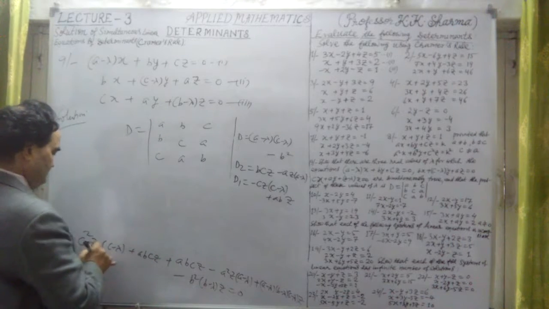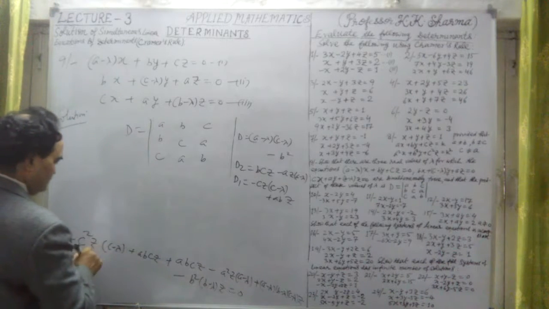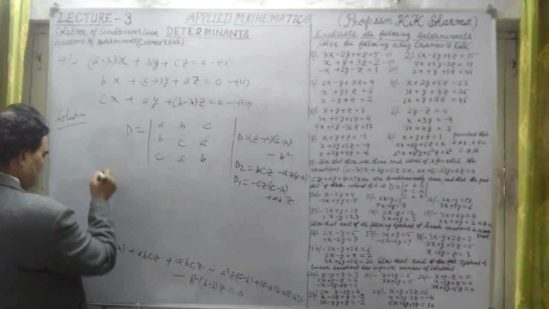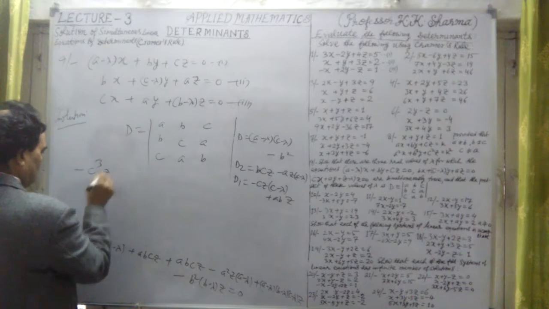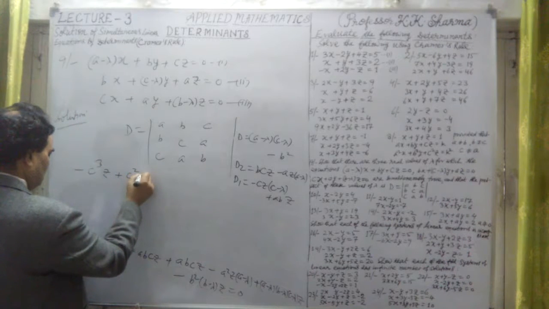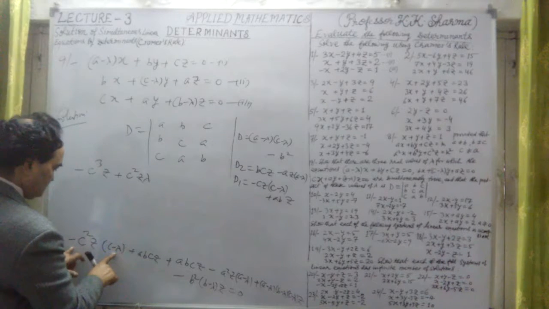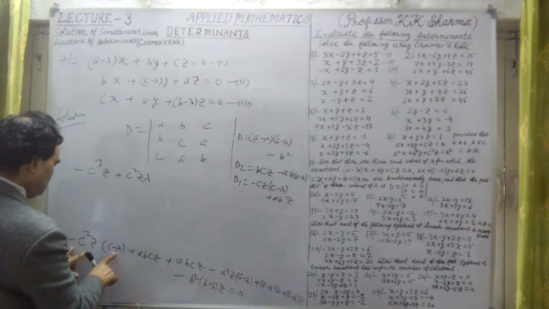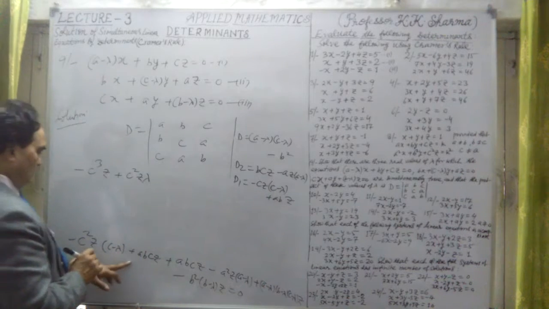Here we have obtained z is always coming. If I put z equal to k, this is nothing but minus c cube into z. Okay, then plus here c square into z into lambda. Now plus here c cube, sorry. Okay, this is c square into lambda into z. Okay, no problem.